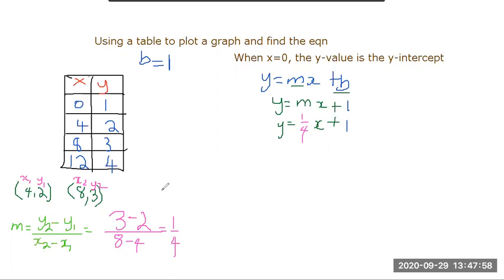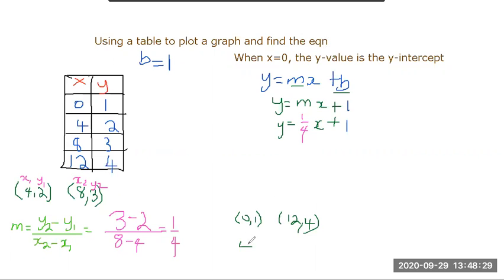I want you to realize that I could have used any 2 points. I just have to label them the right way. So I could have taken 0, 1 and 12, 4. I just have to do x1, y1, x2, y2, and then plug it into my formula.